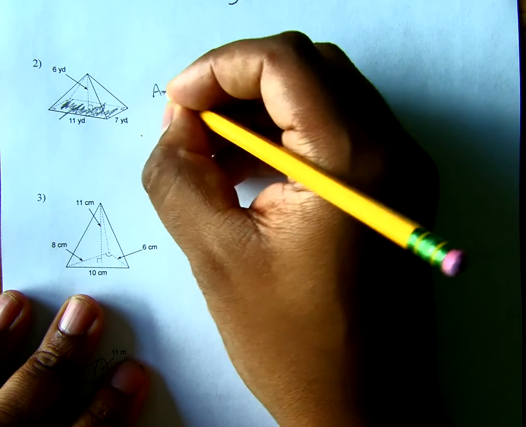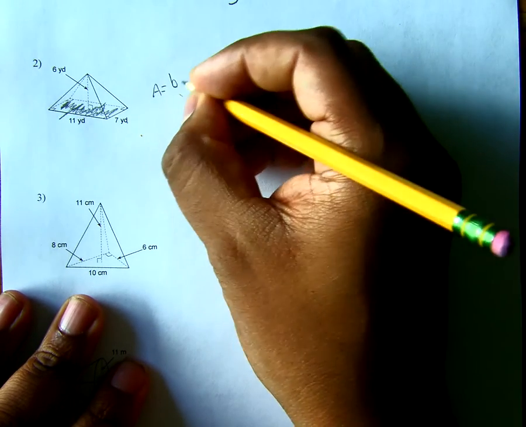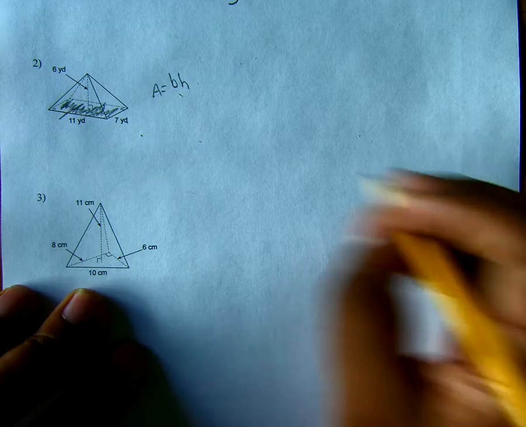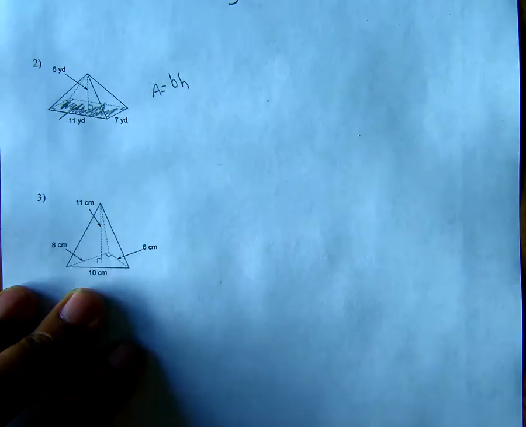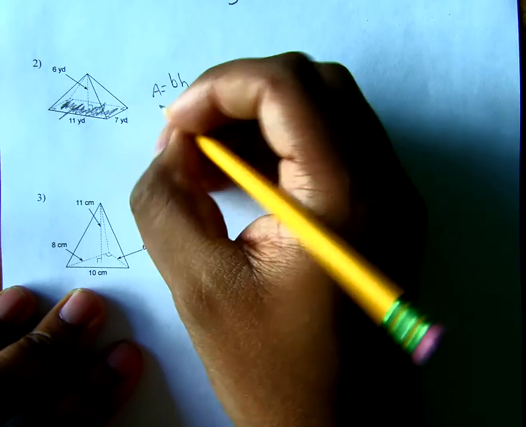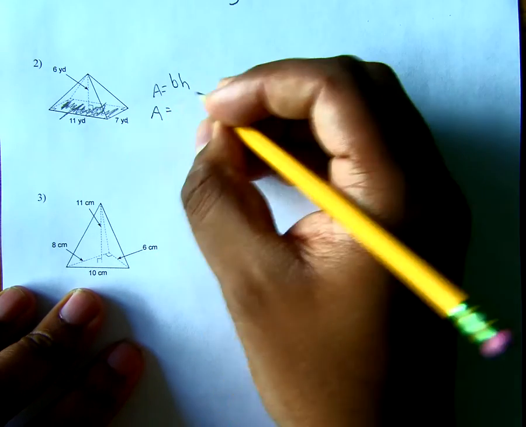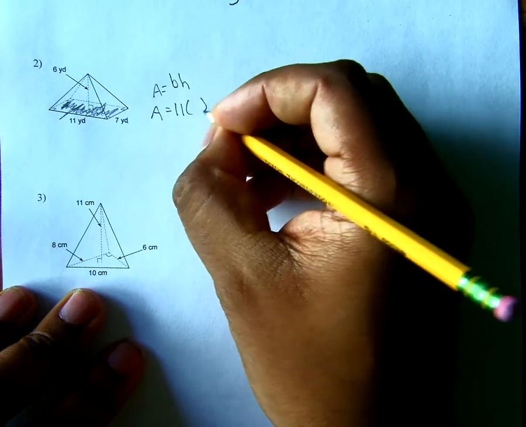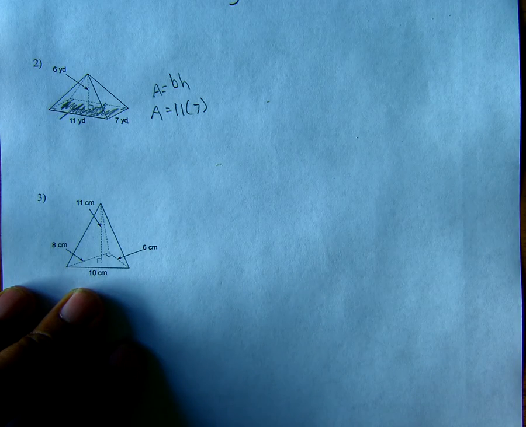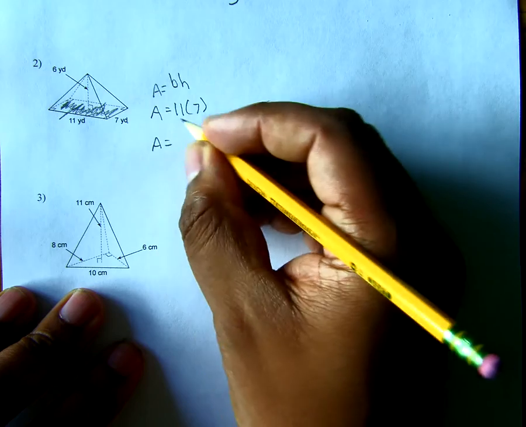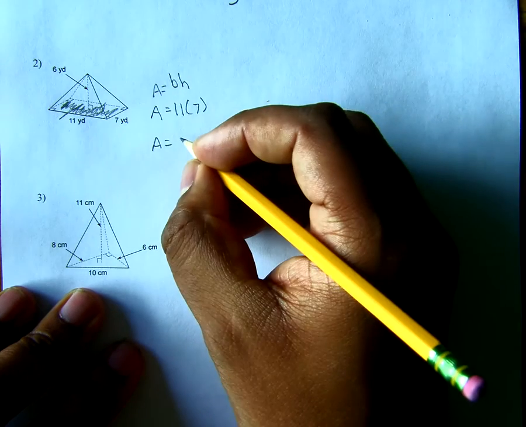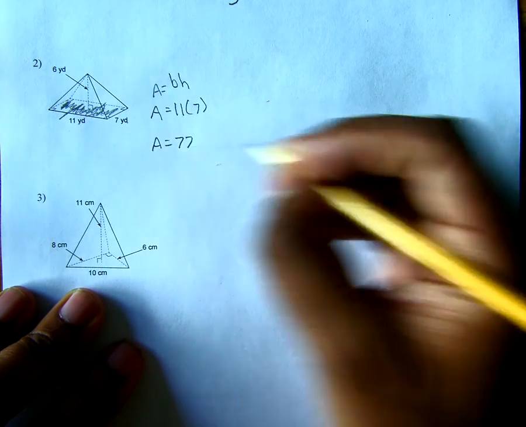So area is equal to base times height, and we're going to plug in the values. Area is equal to 11 times 7, and 11 times 7 is going to be 77.